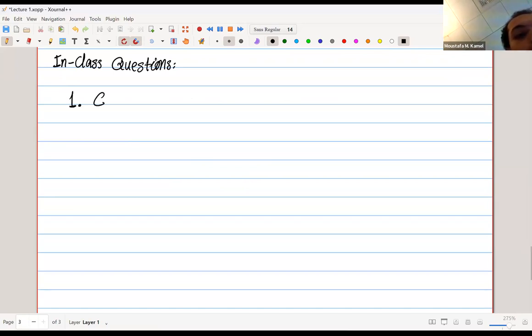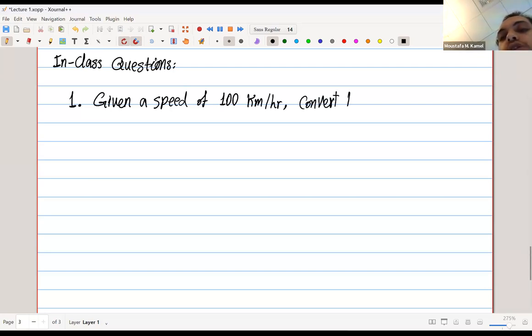So, given a speed of 100 kilometers per hour, convert it to meters per second and miles per hour.